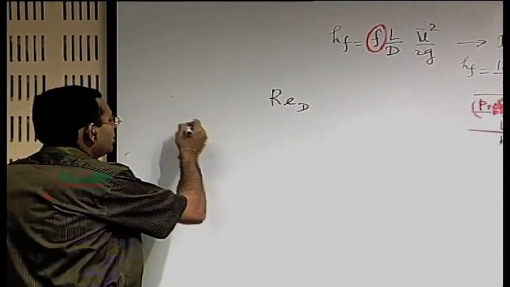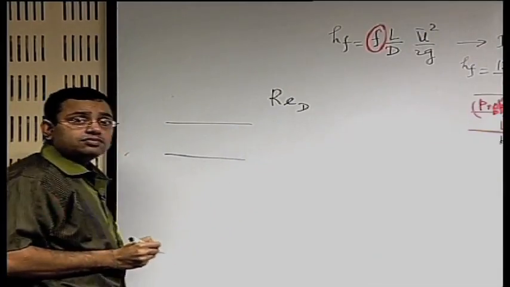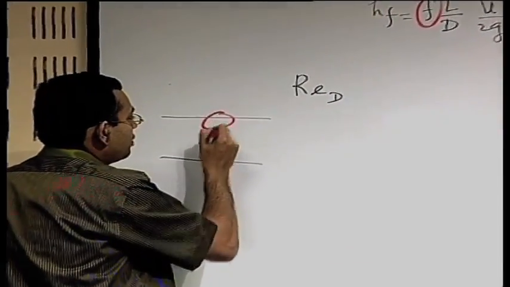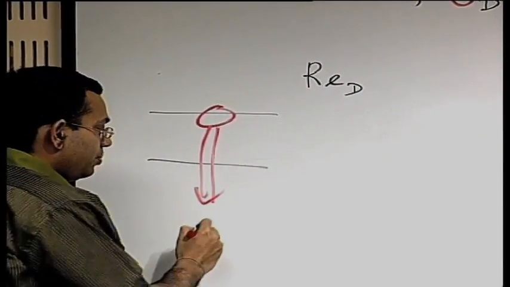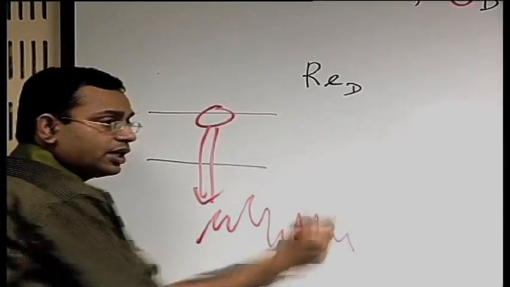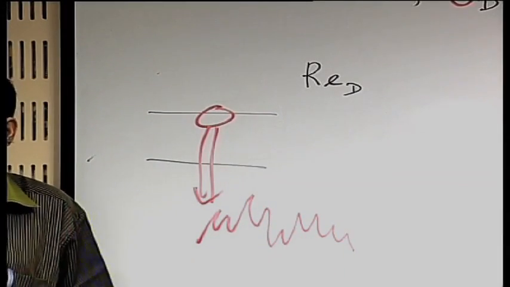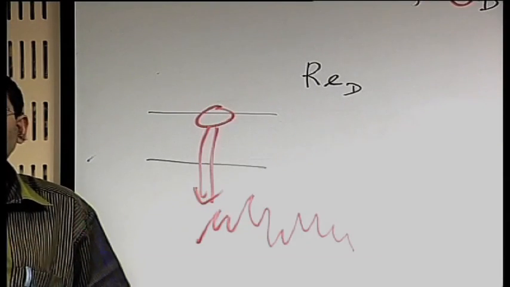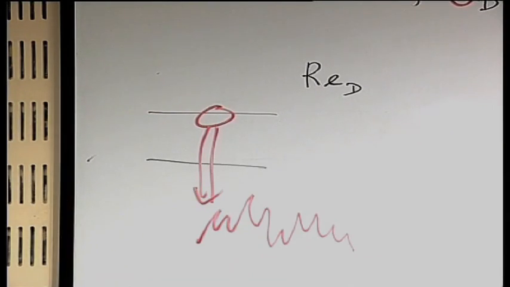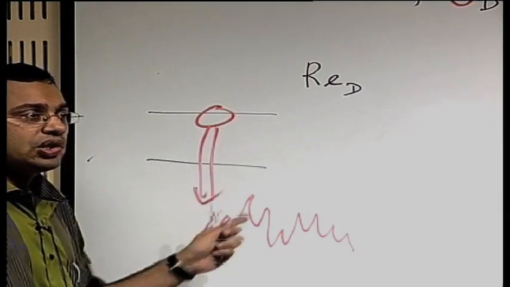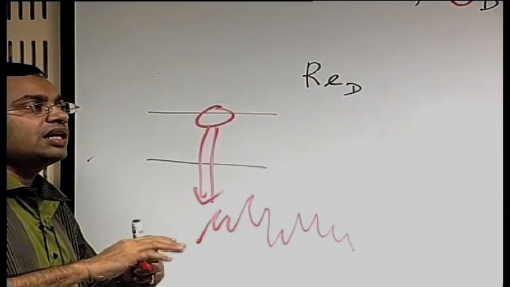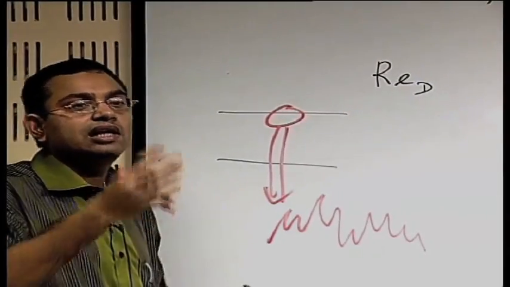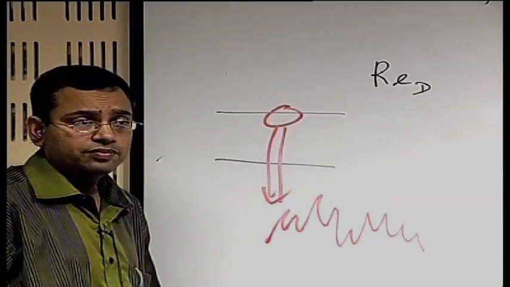If you consider a pipe like this, and blow up one of the locations at the wall of the pipe under a very powerful microscope, it will look very undulated, because no manufacturing process will allow you to have a real atomically smooth wall. Now this roughness should have a strong role to play in triggering the onset of turbulence by creating a disturbance when the flow is beyond the critical Reynolds number.